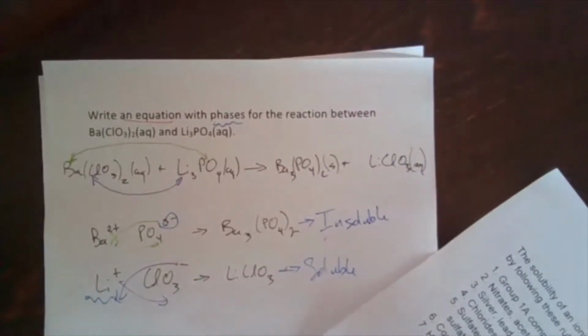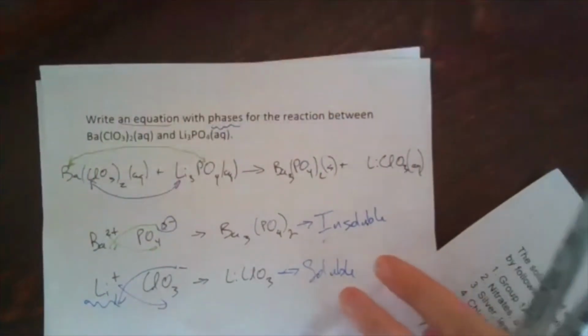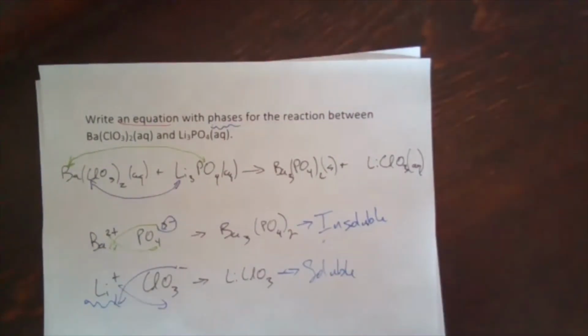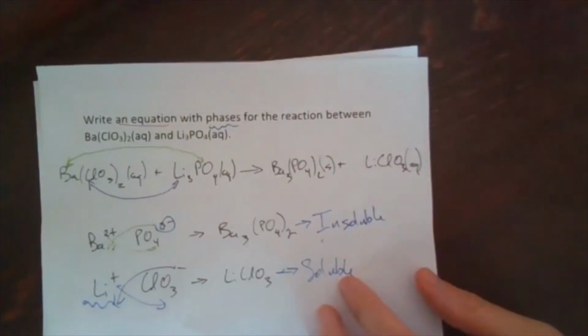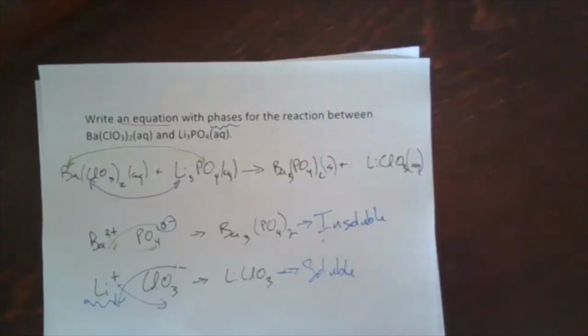One thing to note, when we're looking at reacting 2 ionic compounds, this reaction is called a precipitation reaction. Precipitate is the solid that forms. So you should always expect that at least one of your products will be a solid. We have a tendency just to start throwing AQs everywhere because, hey, we're dealing with aqueous chemistry.